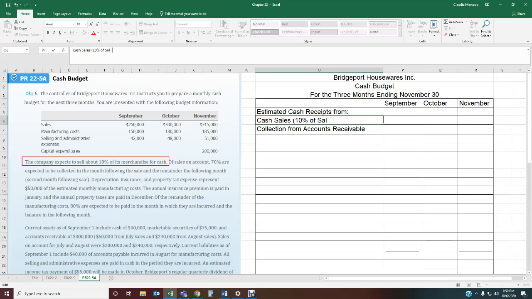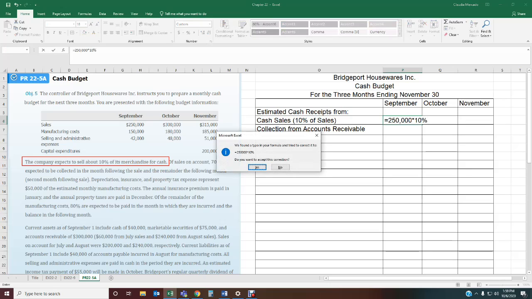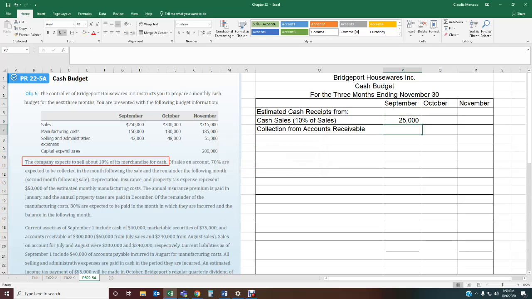Cash sales are 10% of sales. That's what it's going to be. So to calculate my cash sales for September, I'm going to get my 250,000 and multiply by 10%, and that gives me $25,000 for September.